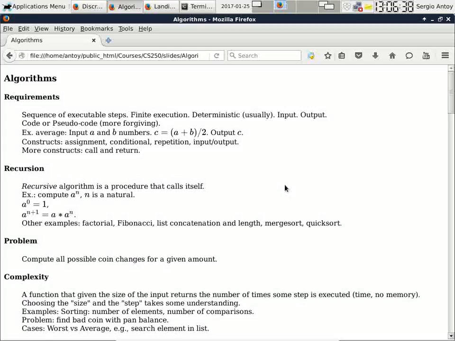It says, if I have to compute the 0th power of a number, the result is 1. If the exponent is n plus 1, so it can't be 0, how do we do it? We compute it for n. You multiply by a, and this is the result. Should I trace it so we understand it?